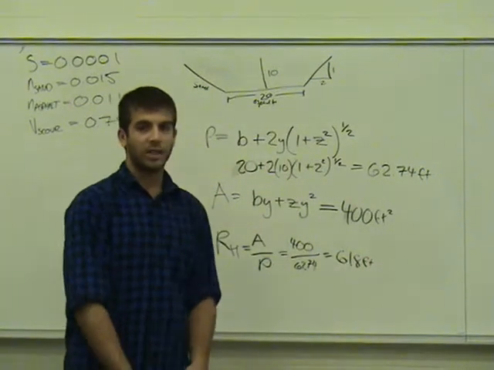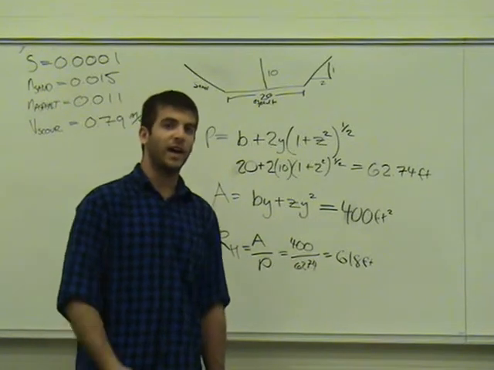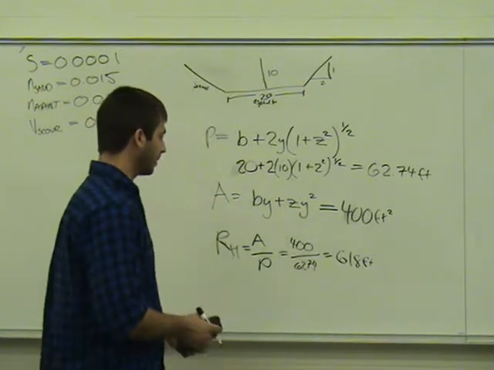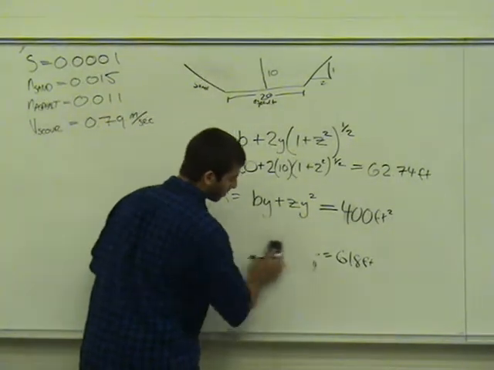Awesome. All right, so now we have our hydraulic radius. We need to go back to the Manning's equation to find what our velocities need. So record these values in whatever notebook you're working on. I'll erase this quick.